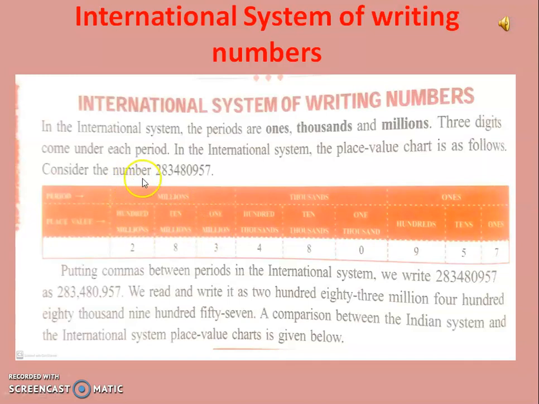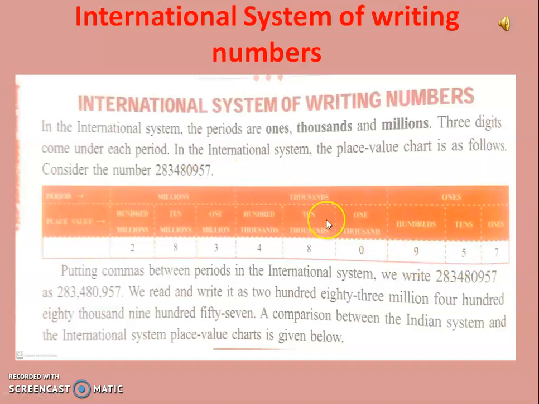According to this chart, from the right side we have digit 7 in our number. This 7 will go under 1. Its place value is 1. Then the next digit from the right side is 5. It goes under 10. Then the next digit is 9, so it goes under 100.